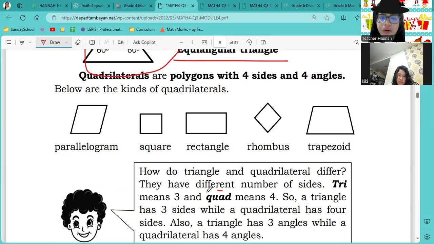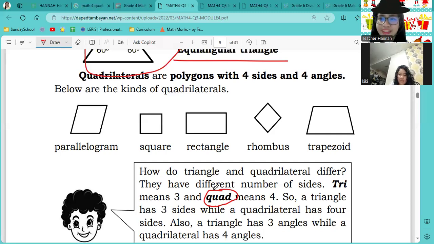Okay, and then you have the quadrilateral. When we say quad, how many is that? 1? No? 3? No? 4. Oh, you're guessing again. Don't guess, Michaela. If you don't know the answer, you could just say, I don't know.